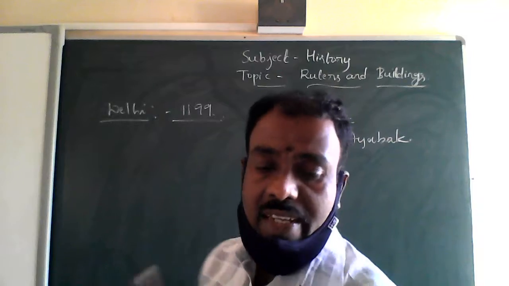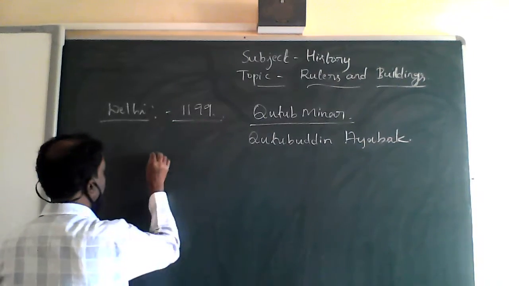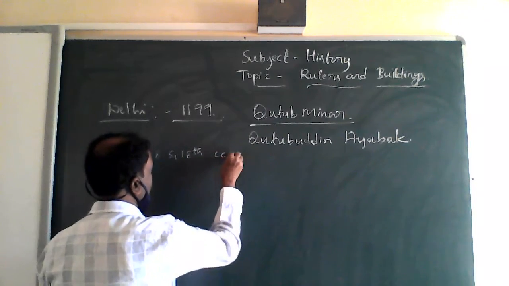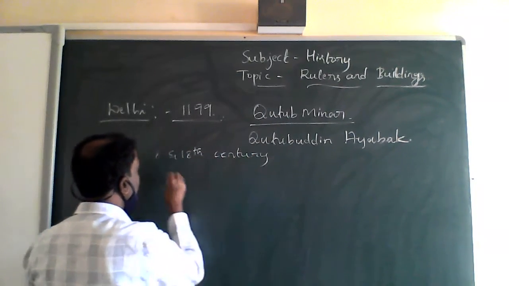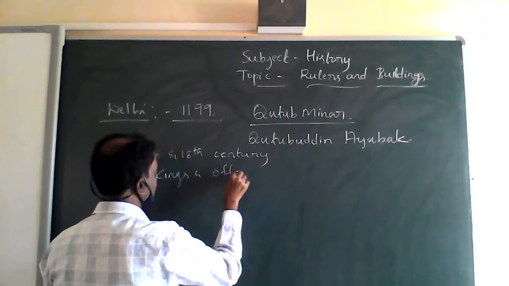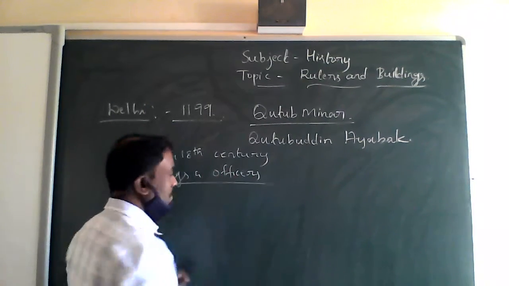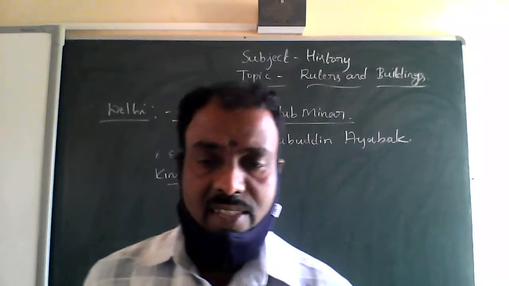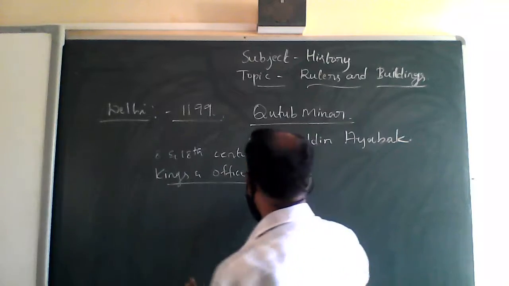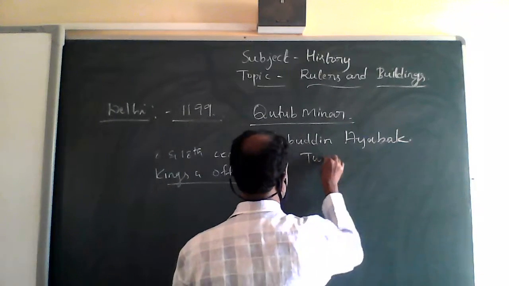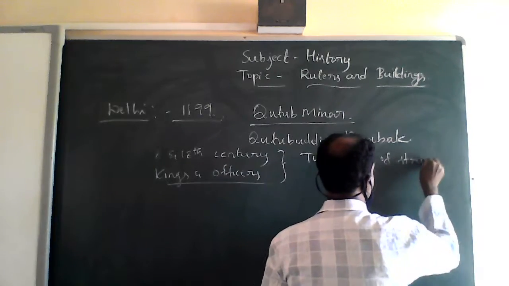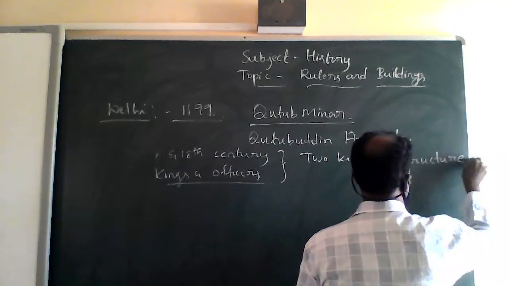Between the 8th and 18th century, kings and officers, I mean the courtiers, built two kinds of structures.